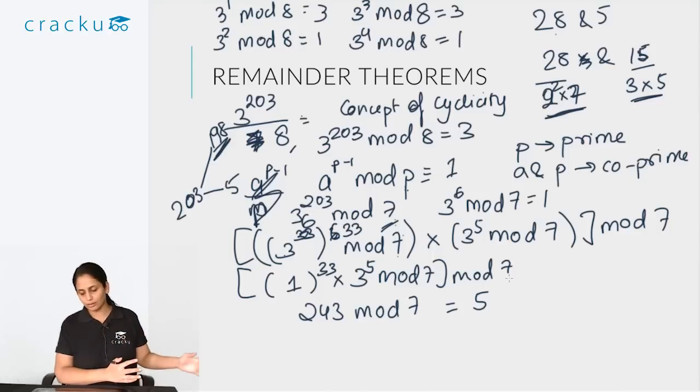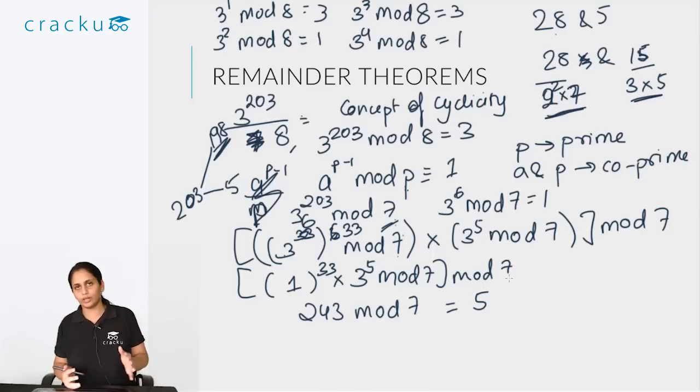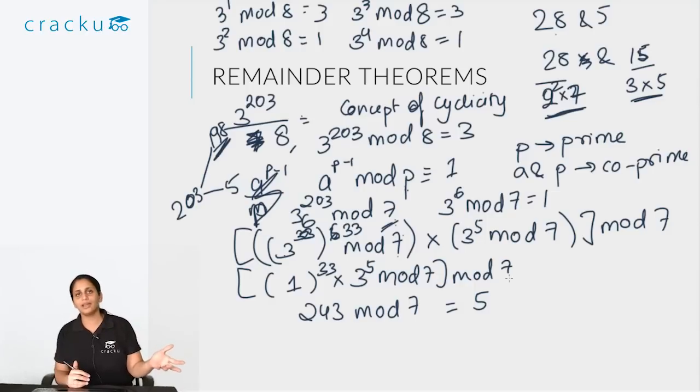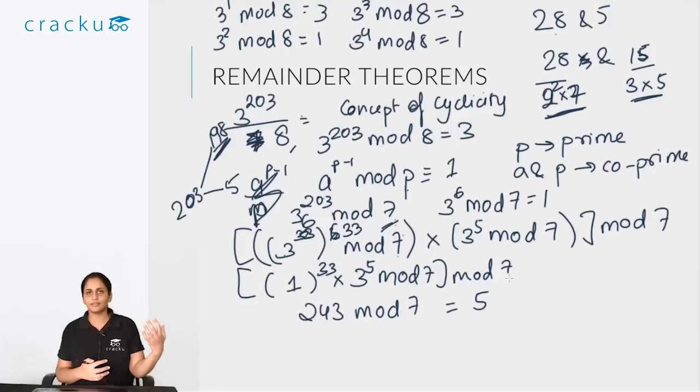So I just have 1 into 1 into 1 into 1, which is basically 1, into 3 raised to 5 mod 7, the whole mod 7. So in the end, I'm left with 3 raised to 5 mod 7. I can just multiply: 3 raised to 4 is 81, into 3 is 243. 243 mod 7 is 5. So this is the basic idea behind remainder theorems with Fermat's theorem.